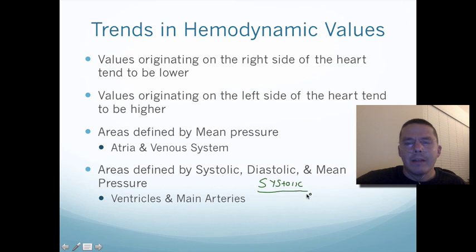The diastolic pressure is going to be the lowest pressure in the system. And then the mean pressure, which is commonly displayed in parentheses off to the side, is the average pressure in the system. But the thing that's important to mention is the mean is not systolic plus diastolic divided by 2.